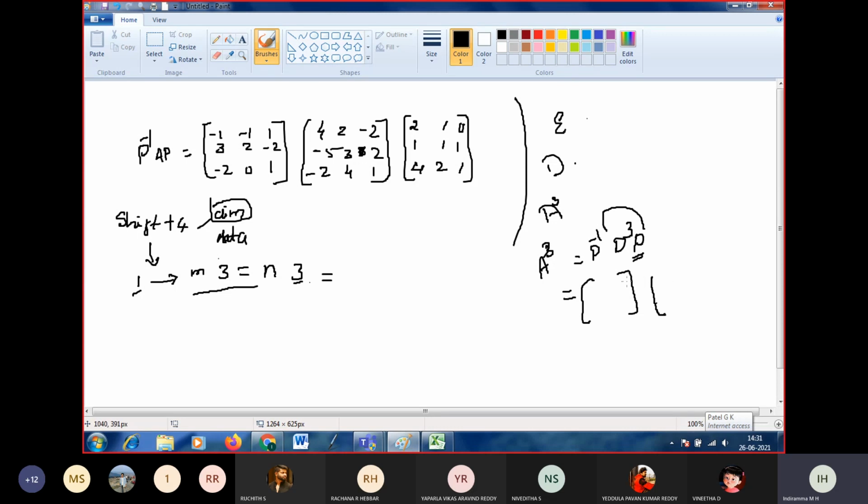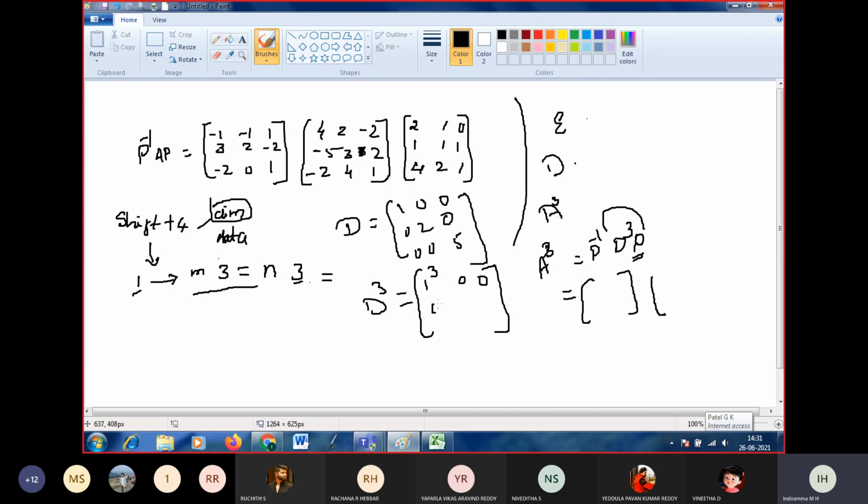For example, here we got the diagonal matrix D as 1 0 0, 0 2 0, 0 0 5. D cube means you have to raise the power 3 for only the diagonal elements. That gives 1 cube, 2 cube, 5 cube, so that is 1 0 0, 0 8 0, 0 0 125.